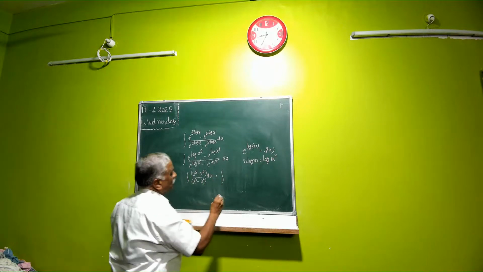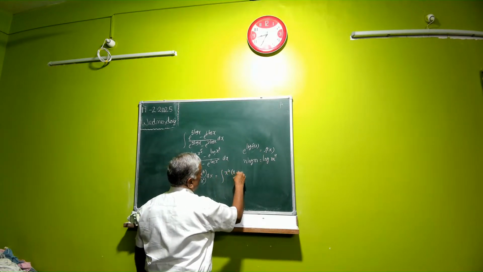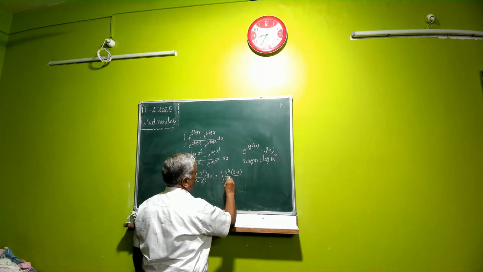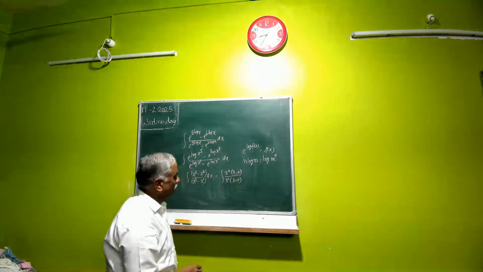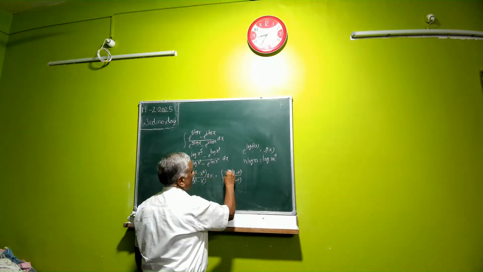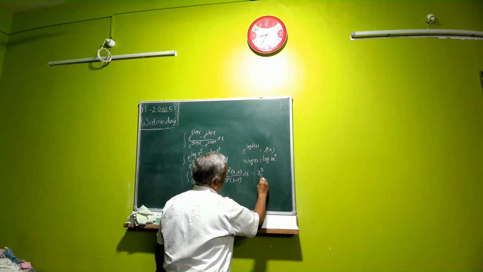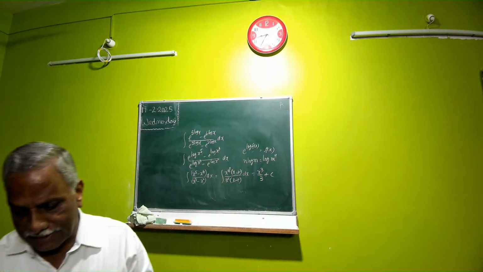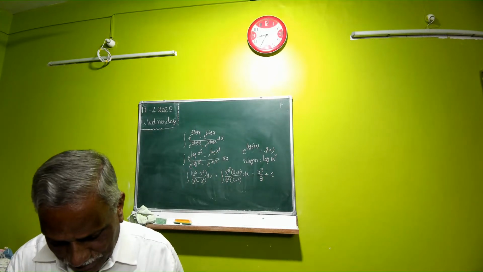You can take x to the power of 4 common. You get x minus 1. You can take x square common. A very, very simple problem, provided you have worked earlier, not otherwise. You cancel, you get x square. That is equal to x cube by 3. When you look at the problem, it looks difficult, but it is not so.